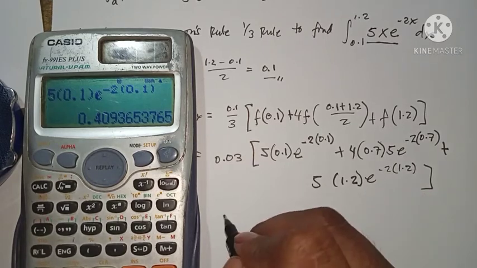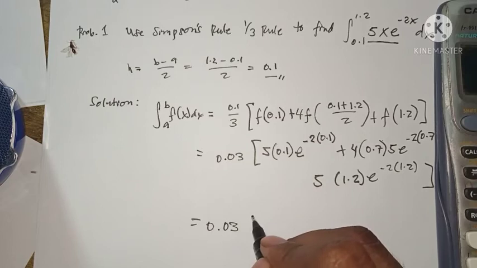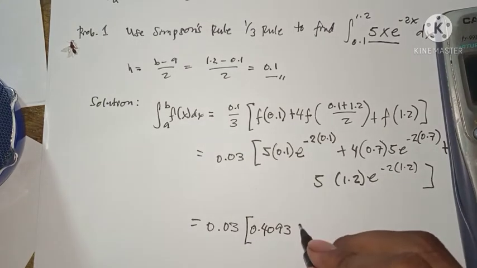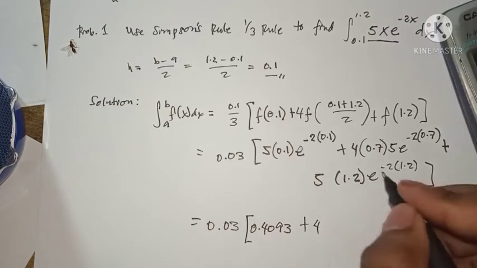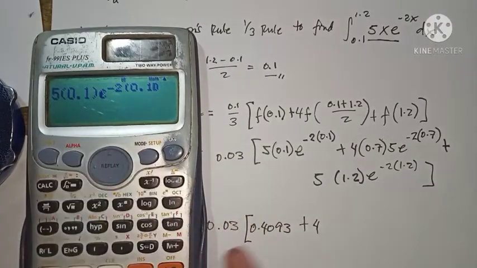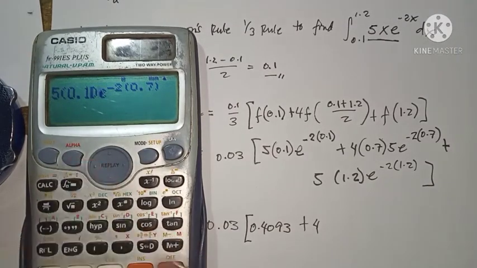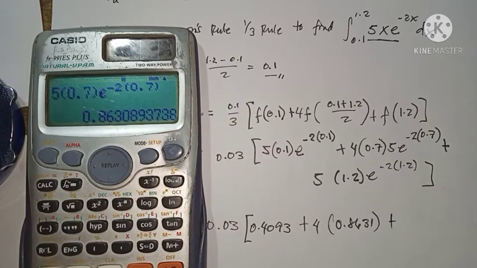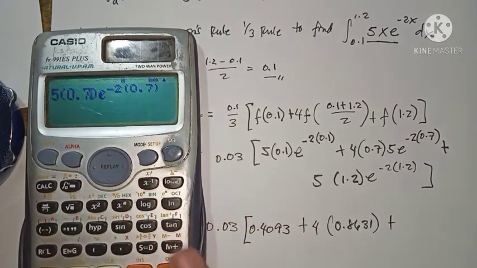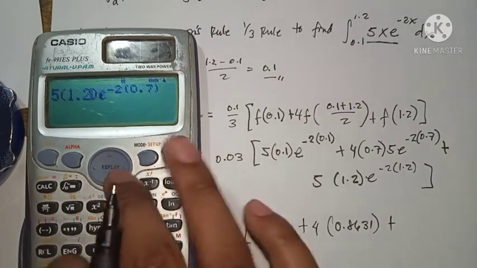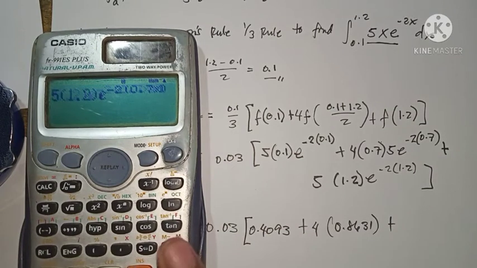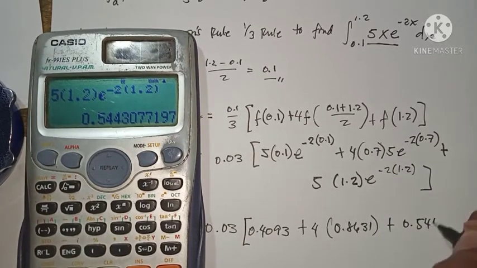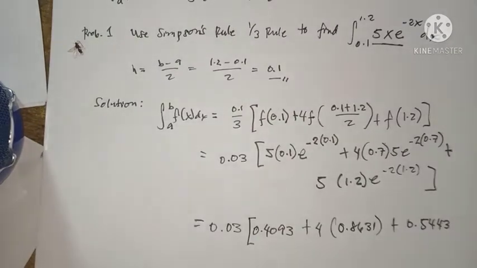Equal to 0.03 times 0.4093 plus 4 times, we solve this one too, replacing it with 0.7, which is 0.8631, plus the last term, 1.2, equal to 0.5443.